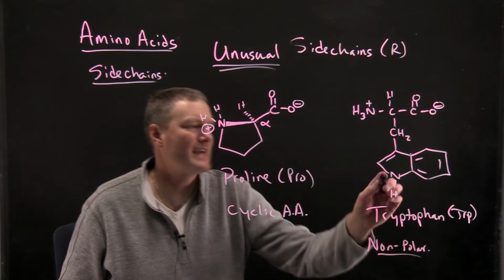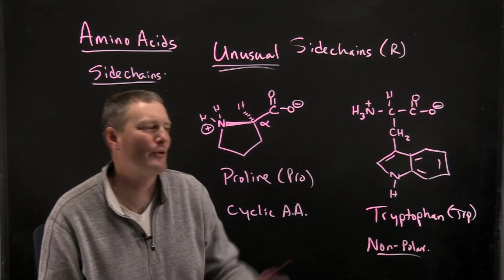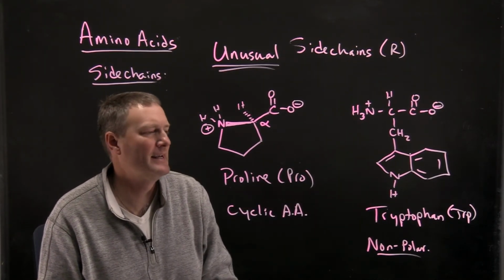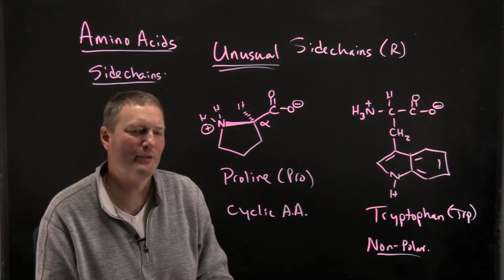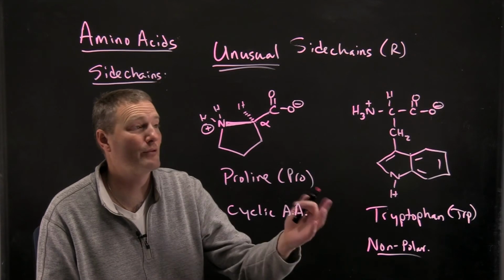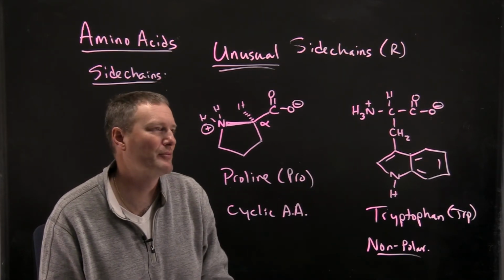But because it has this nitrogen in there, sometimes people classify it as polar. It's not very basic either. This nitrogen is not very basic. So it's kind of hard to classify in one of those groupings.